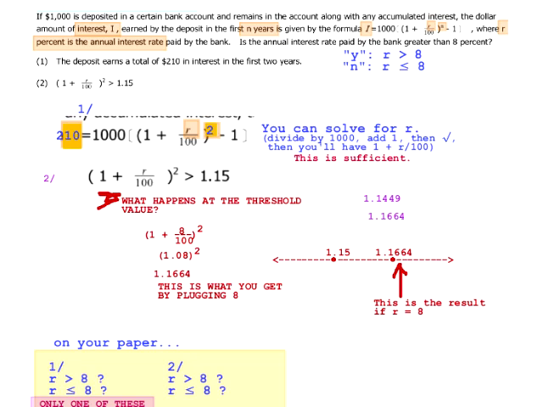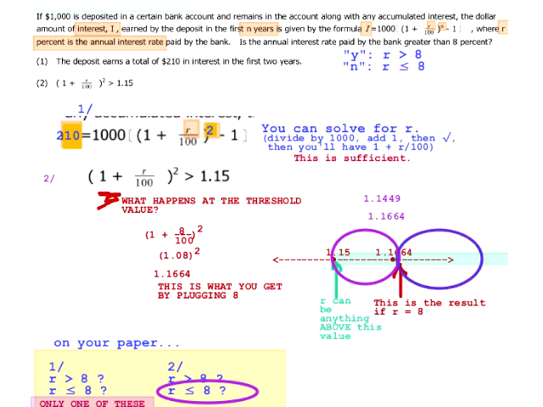And common sense says if you have smaller values of R, it's going to be smaller, right? But these are the values that satisfy the statement. So R can actually be anything greater than this value. So it's not going to be sufficient, because anything to the right of that includes some values that are here, which would be these, and also some values that are here, which would be these.